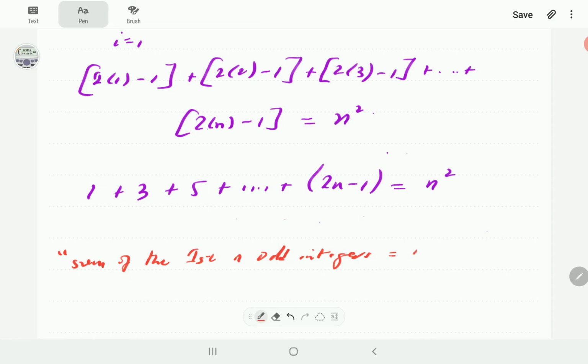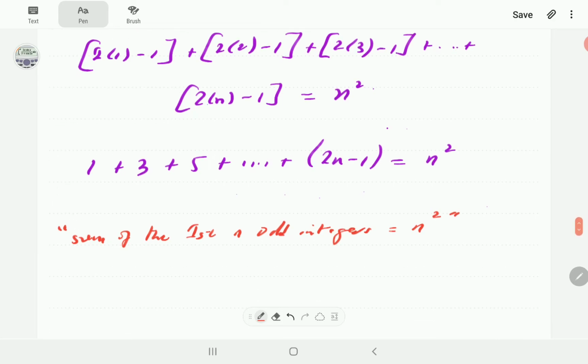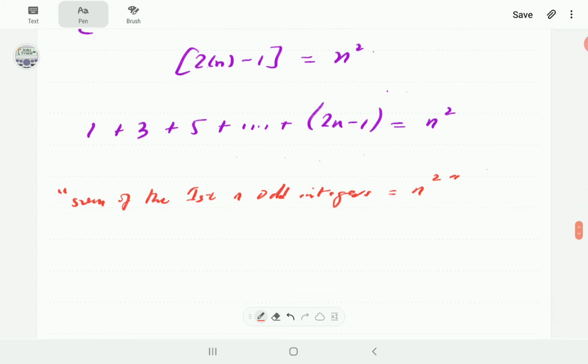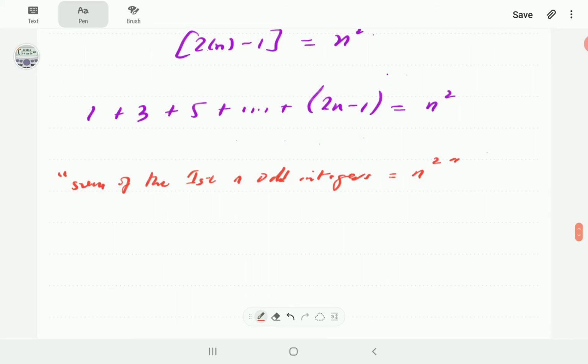The other thing that we note here is that the numbers on the left hand side actually are an AP. In this case, the question specifies that we are supposed to use mathematical induction. If it hadn't, we could prove this using the fact that it is an AP.